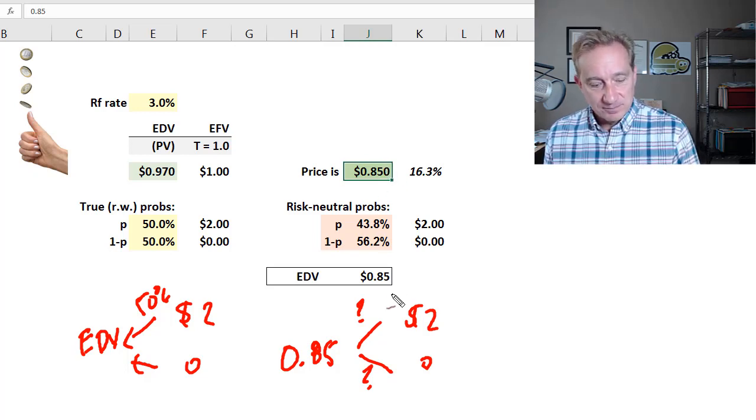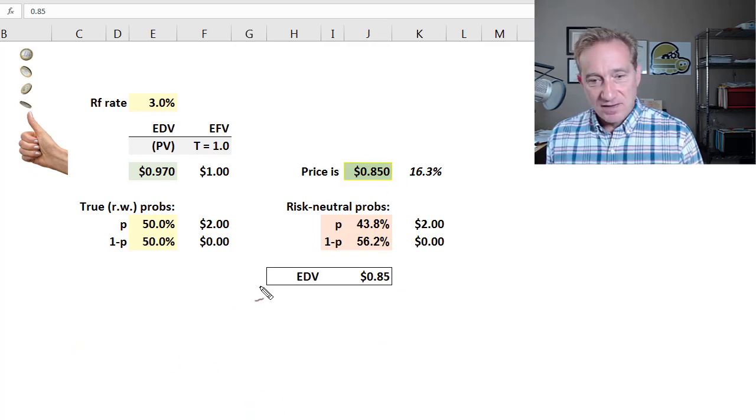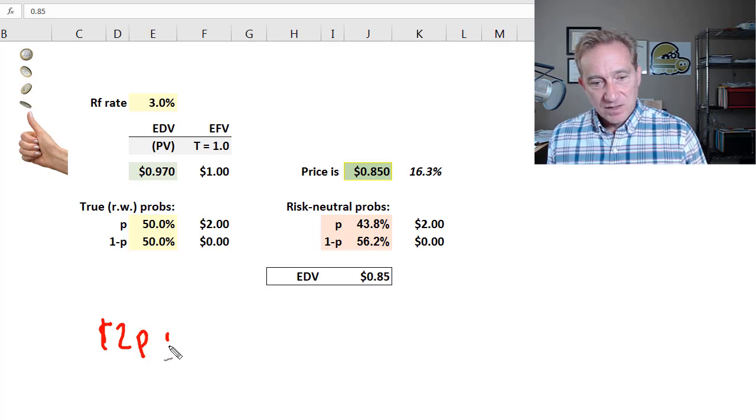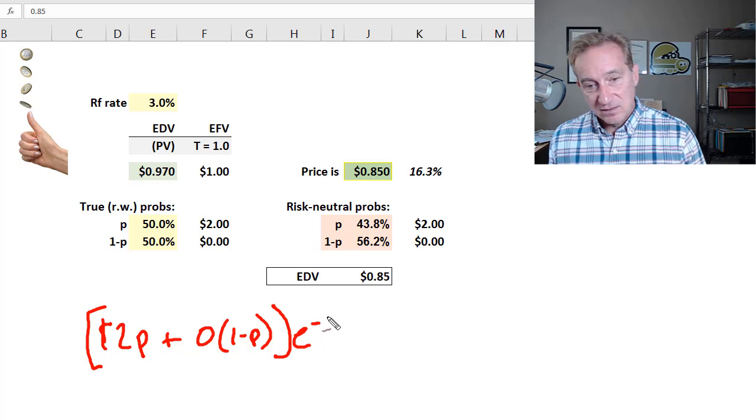market price. So the math on this is also simple in this case, because we know we have a $2 payout with probability of P, and we're going to have a zero payout with probability of 1 minus P, and then we're going to be discounting that at the risk-free rate.